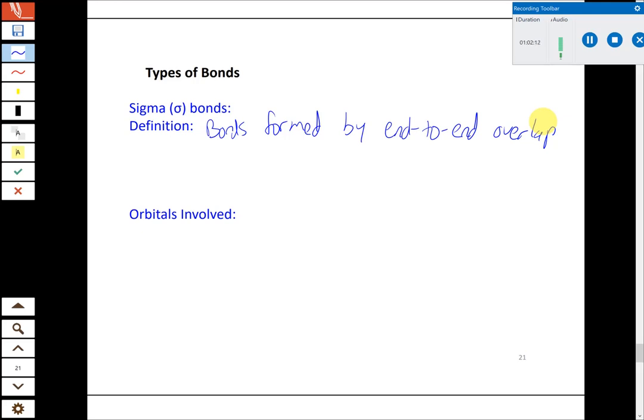We didn't really formalize it like that before, but that's what it is. It's just 2 orbitals coming together end to end. And it can involve atomic or hybrid orbitals. So both types of orbitals can be involved in sigma bonds.